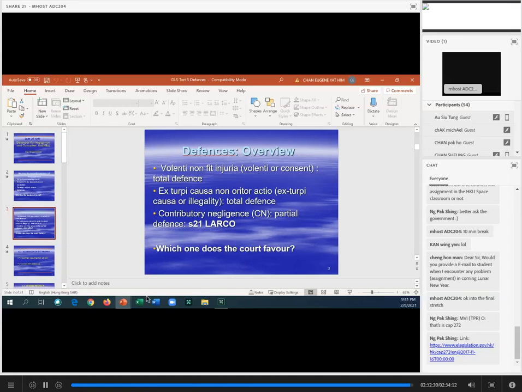Now, Section 21 of LACO is set out pretty well in your course manual, so read it. And the law on contributory negligence now is largely in Section 21 of LACO.